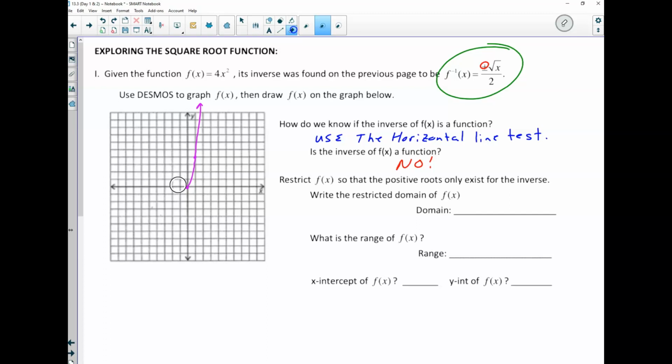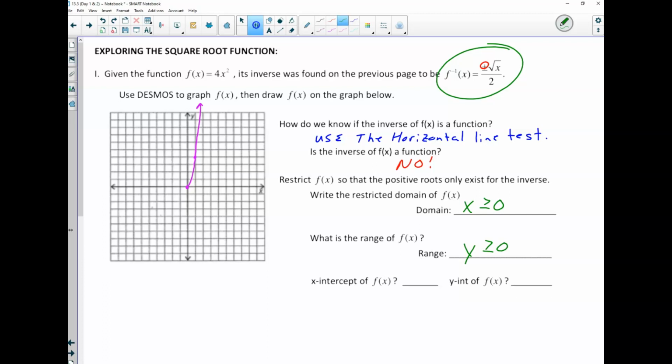Now when I look at what's left, what did I do? Well, I just restricted the domain for x to be greater than or equal to 0. And if I did that, what's the range of f of x? Right, my range didn't change. It's still y is greater than or equal to 0.